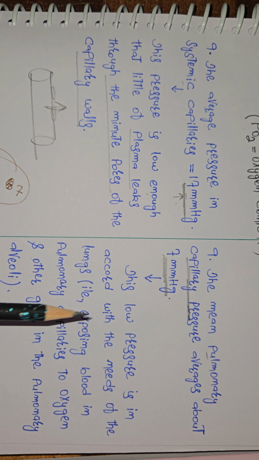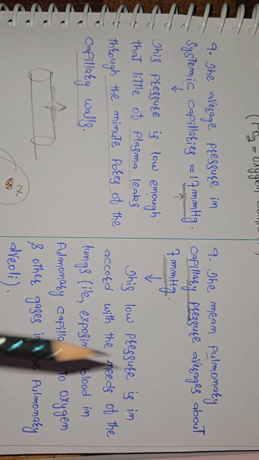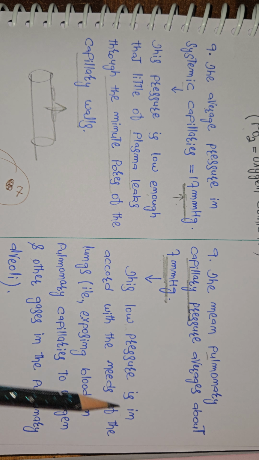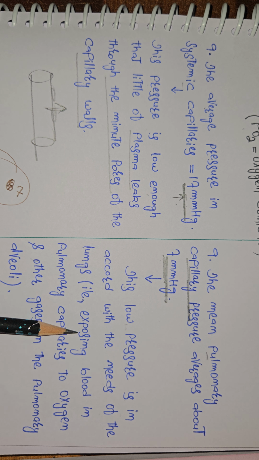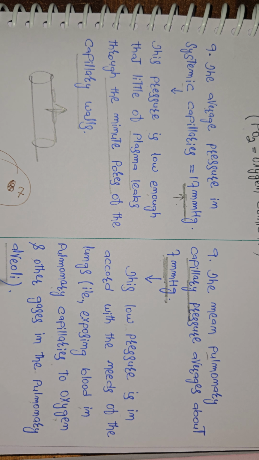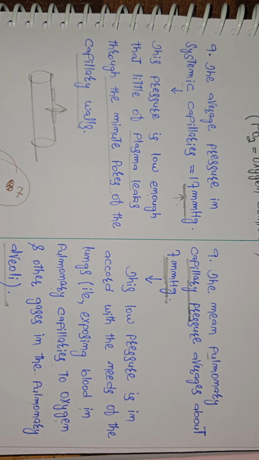Similarly, there is low pressure in the pulmonary capillaries, that is 7 mm of Hg. This low pressure is in accord with the needs of the lungs, that is exposing blood in pulmonary capillaries to oxygen and other gases in the pulmonary alveoli. We know that in oxygenation, blood is exposed to oxygen and other gases in the alveoli. So in the alveoli there is a diffusion of the gases.